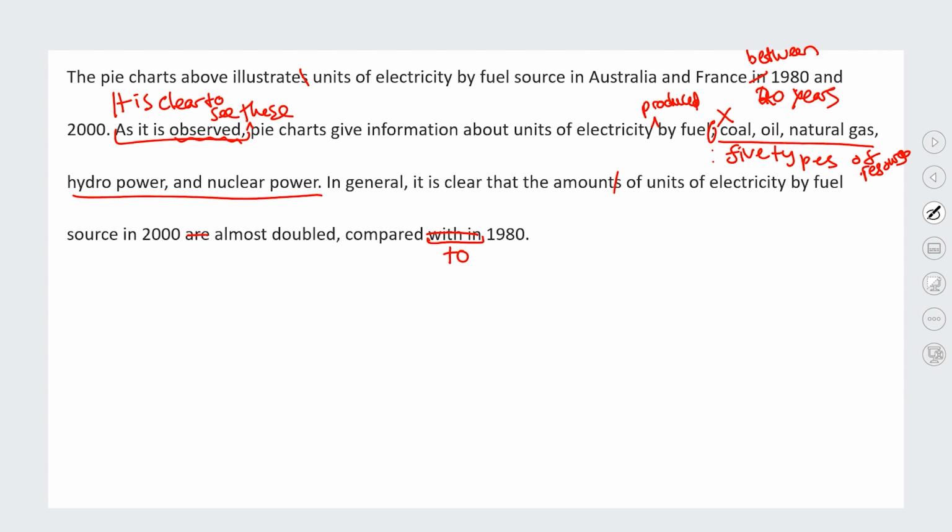So my issue with this is that there's not really a strong paraphrase in the opening sentence. And then they've just given me some more description here. So this is all just describing the information. And then they've picked out one trend, which is that the amount of electricity has doubled between 1980 and 2000, okay? So they've only given me one trend overall.